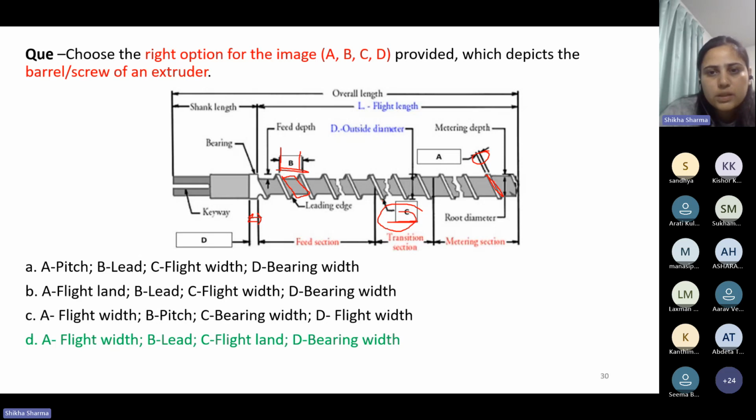But this part here is the land, right? So it will be till here. But lead is between two threads, this surface. It is not including these flights.